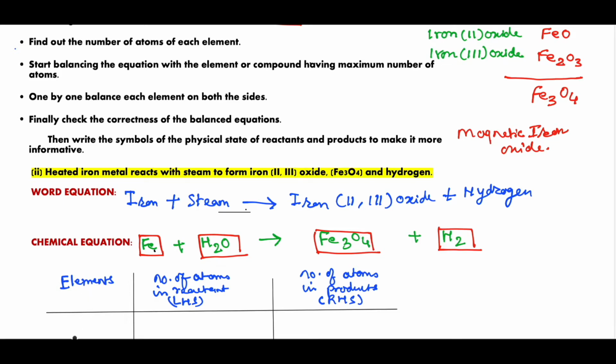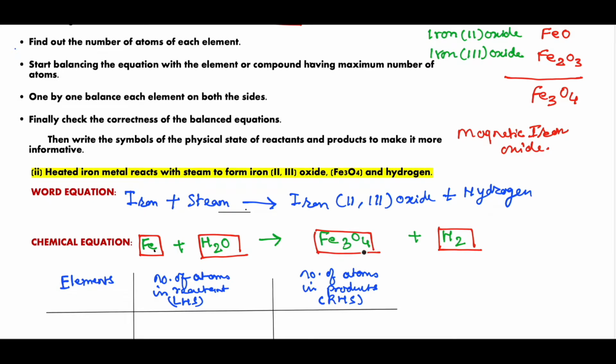So we will write down the name of the elements in this chemical reaction, and after writing the name of the elements and finding out the number of atoms, we will start balancing the equation with the element or compound having the maximum number of atoms. So when we observe this chemical reaction, it is seen that here the maximum number of atoms is present in this compound Fe3O4.